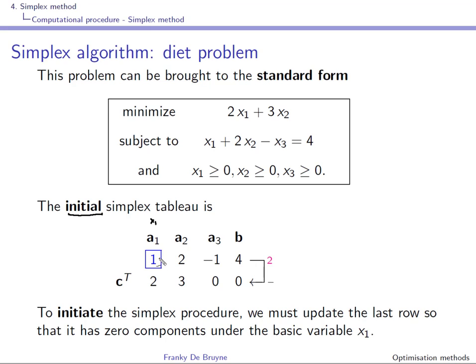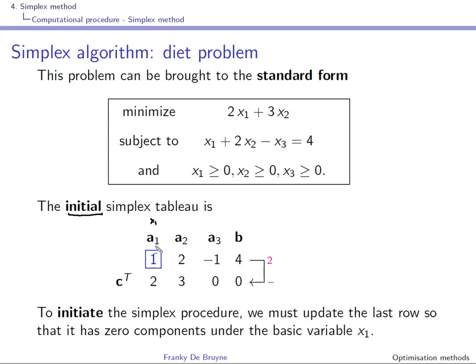The problem with this second case is that we would have ended up in the optimal solution directly, and since this is meant to explain the simplex method, we have chosen x1 as a basic variable so that we can see what happens if you use the simplex method.